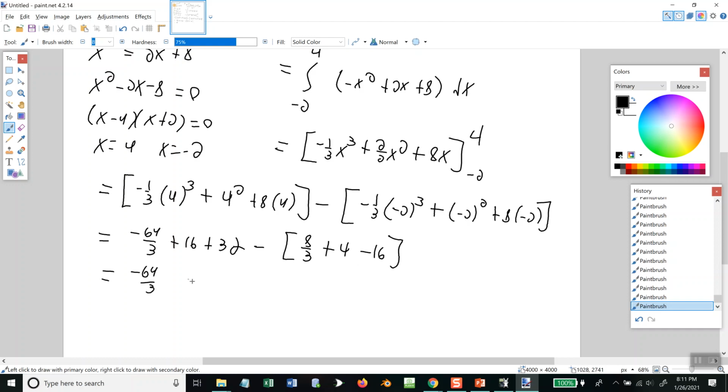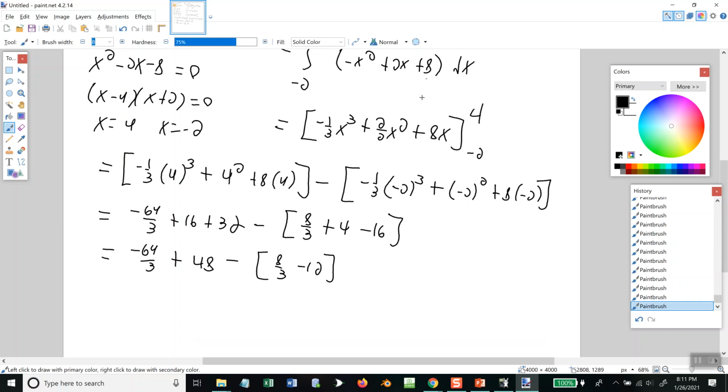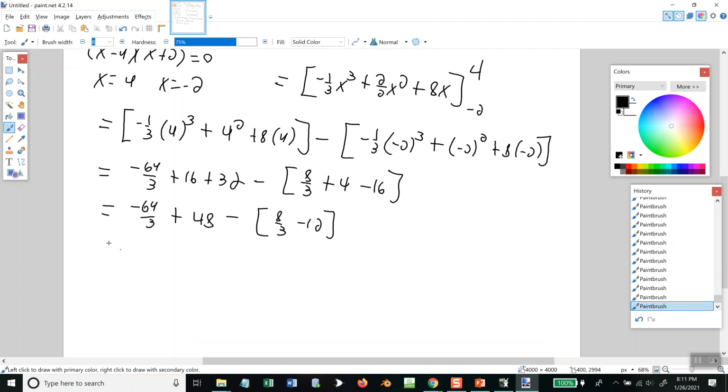So negative 64/3 plus 48 minus 8/3 minus 12. Negative 64/3 minus 8/3 is negative 72/3, which simplifies to negative 24.